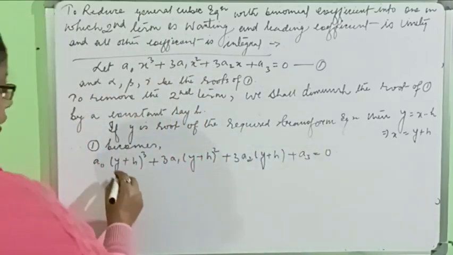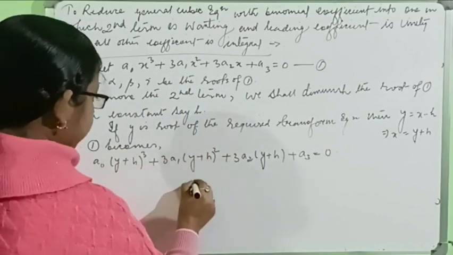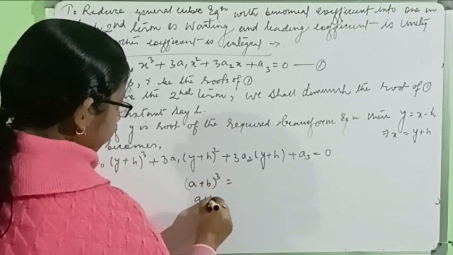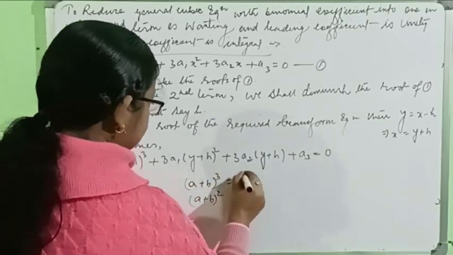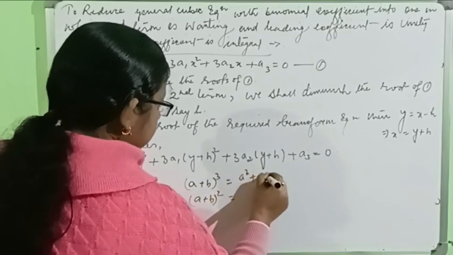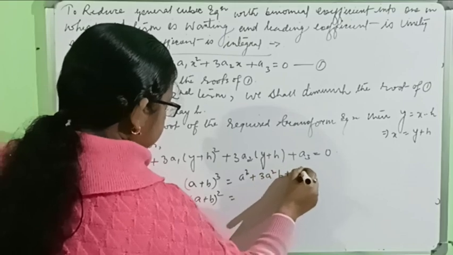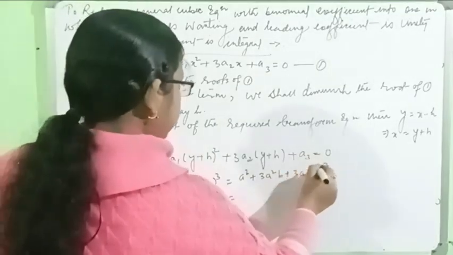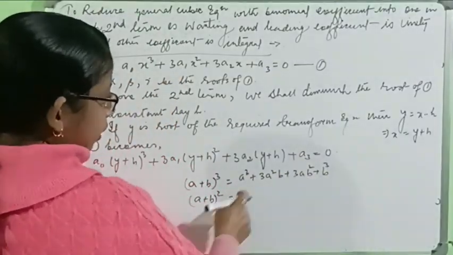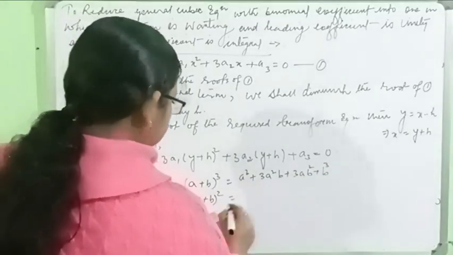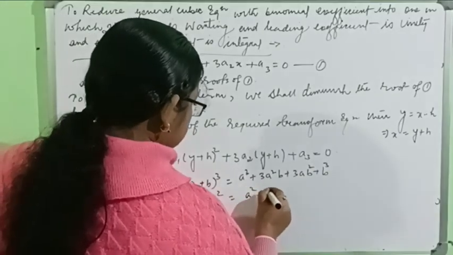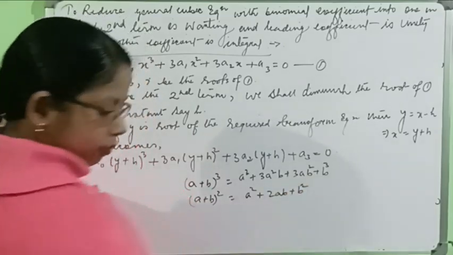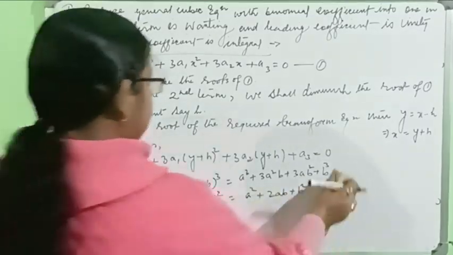Now expand this by using the (a plus b) whole cube formula and the (a plus b) whole square formula, where a is in decreasing order and b is in increasing order.